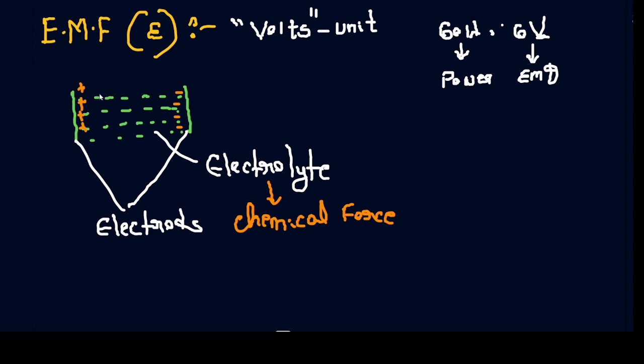Since it is doing work, all the positive charges are depositing on one plate and all the negative charges on the other plate. So we call it the positive terminal and the negative terminal. Now, while the charges are depositing on these electrodes, one more force acts on them, that is nothing but electric force.